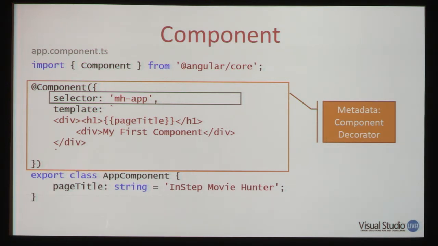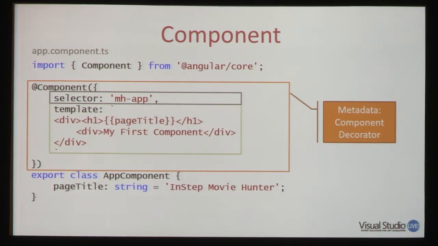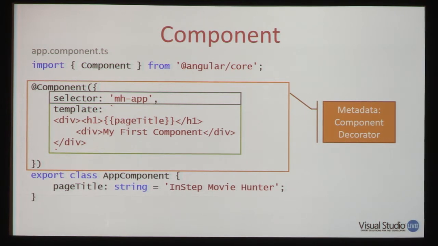So that is how we use this component in the HTML from another component. All right, the template, as you would expect, is where we're going to put our HTML. So here is the HTML. Now, if you've worked with Angular 1 before, you recognize the double curly brace syntax. If you haven't, that is data binding.